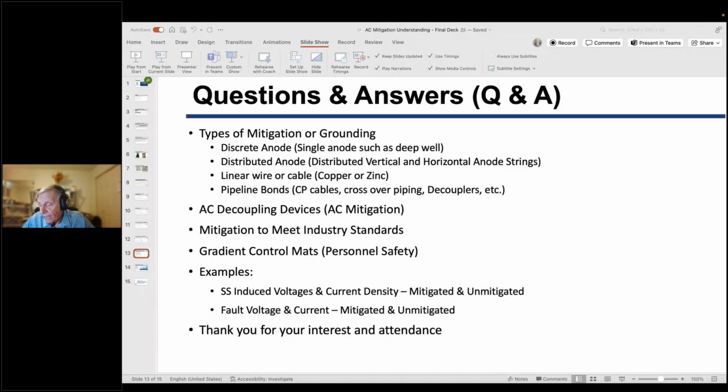Okay, yeah, that was one of the points that I brought out about zinc. Number one is that you get premature failure when you tie it to your CP, as part of your CP system. If you're using galvanic anodes already, the history has shown that zinc will fail prematurely, because it becomes part of the anode.